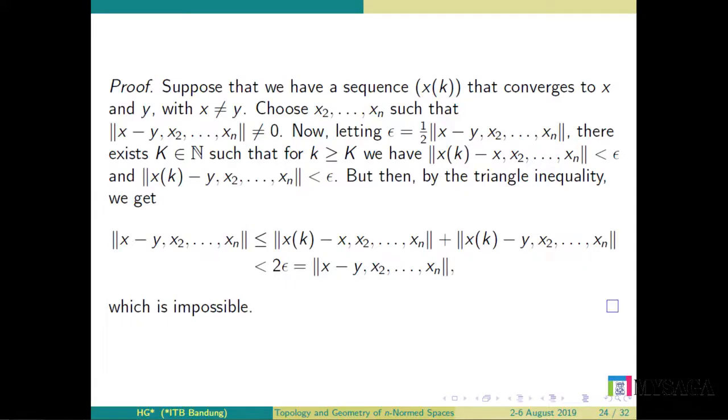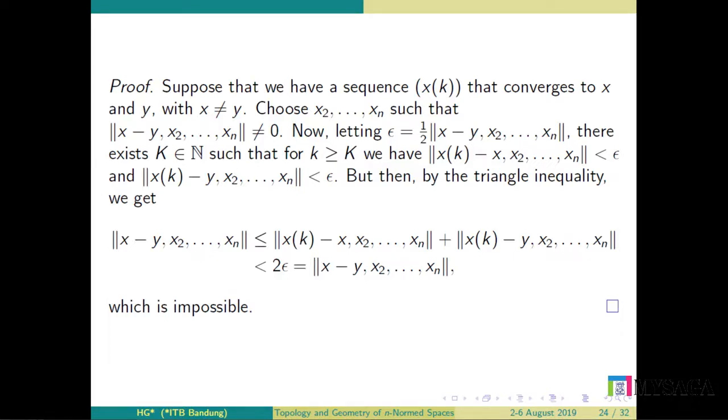So we can choose epsilon to be a half of that, and by the convergence there should be k such that on one hand this norm is less than epsilon, but on the other hand we also have that.